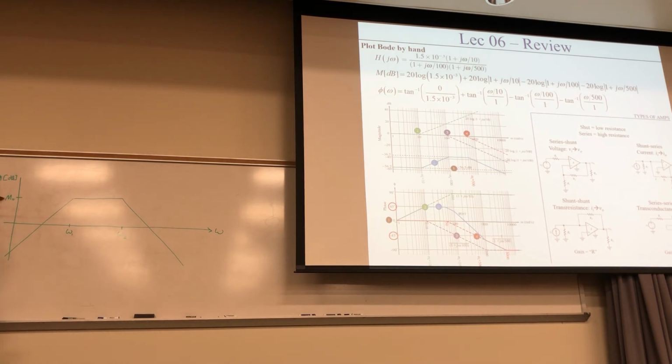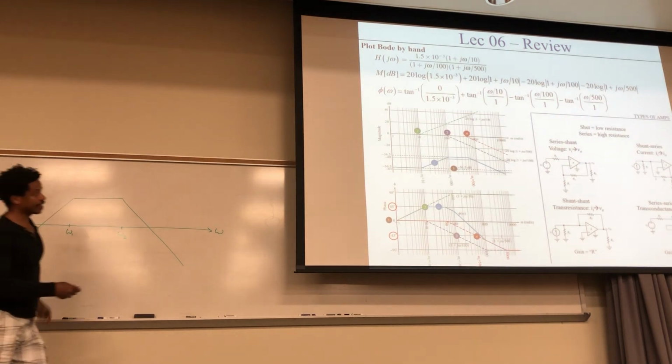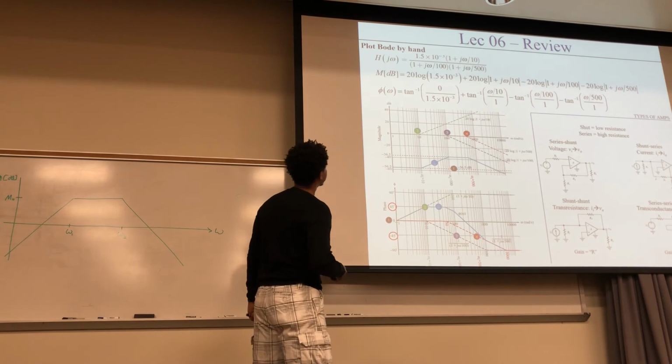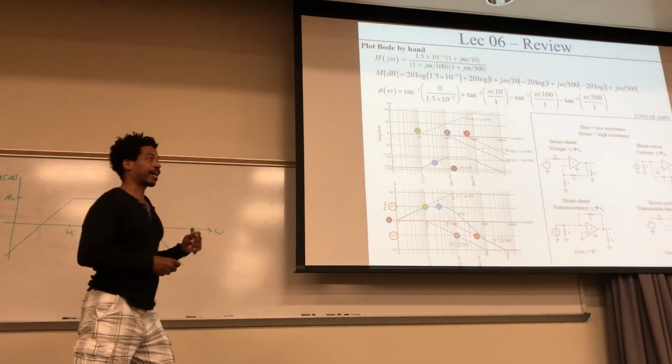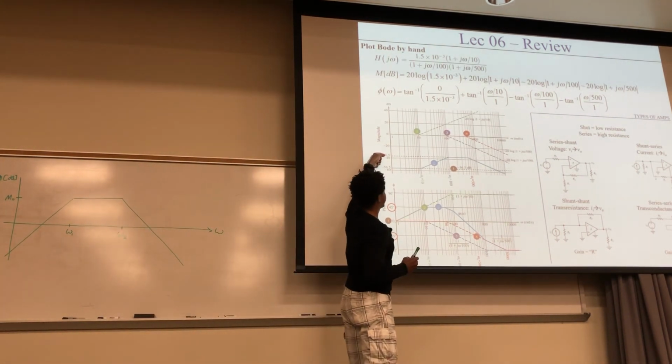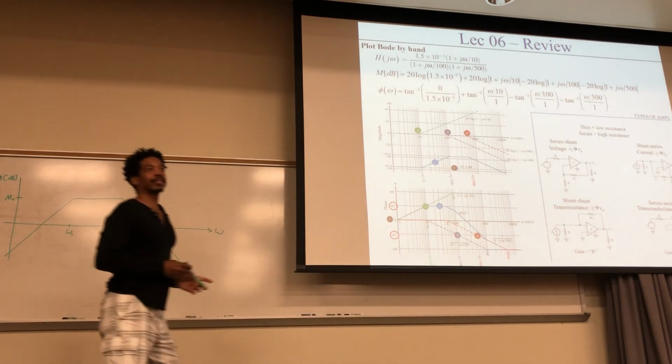Oh, this right here? Yeah. Oh, this is like this M0. That's the maximum value right here. That's the same thing as well. It's just a value, like this value right here. Just so it's all symbolic. Yeah.